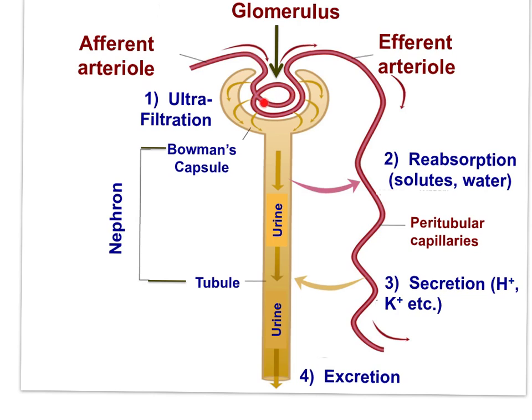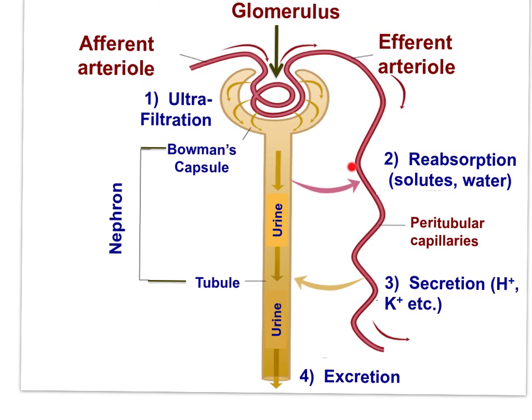Now, ultrafiltration occurs in the glomerulus, where small molecules and water enter the renal tubule. They leave the blood and enter the renal tubule. Then the arteriole exits the glomerulus as the efferent arteriole, and then this runs parallel to the renal tubule.